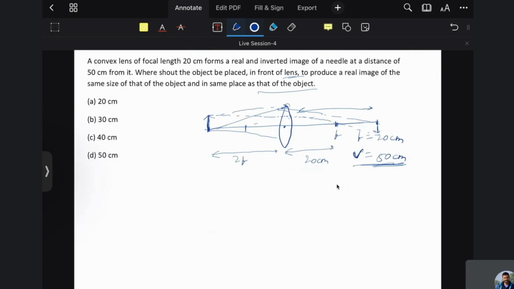So basically for a convex lens, when u is equal to 2f, the object and image are of the same size and in the same place.